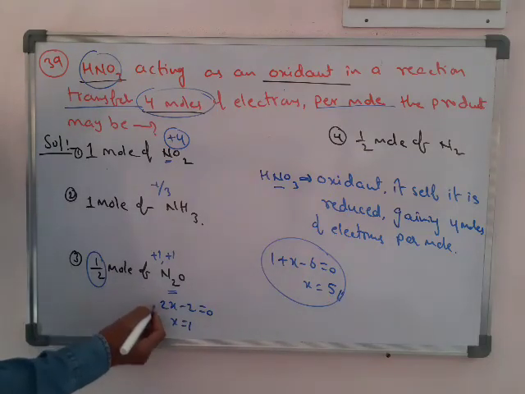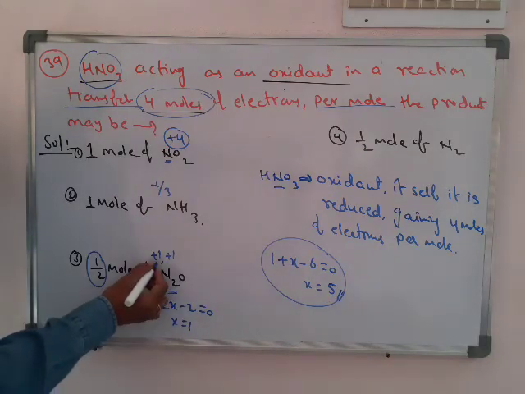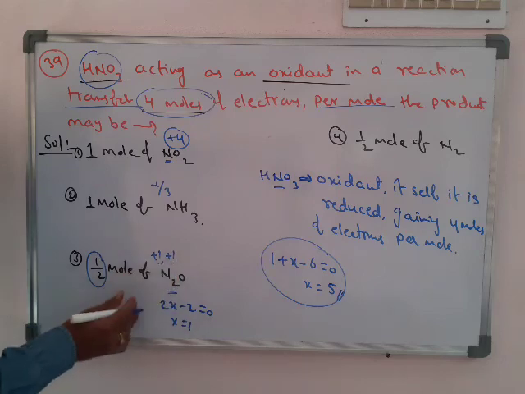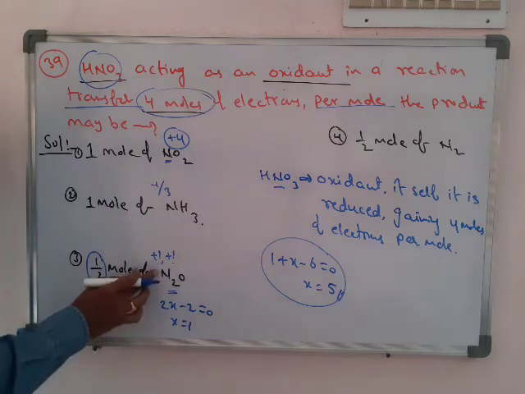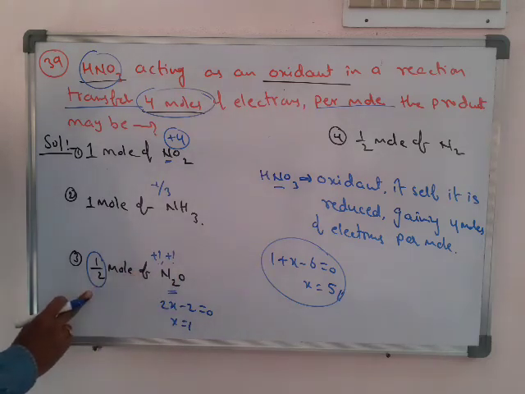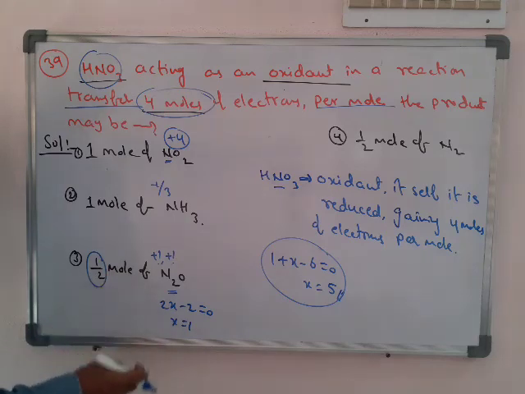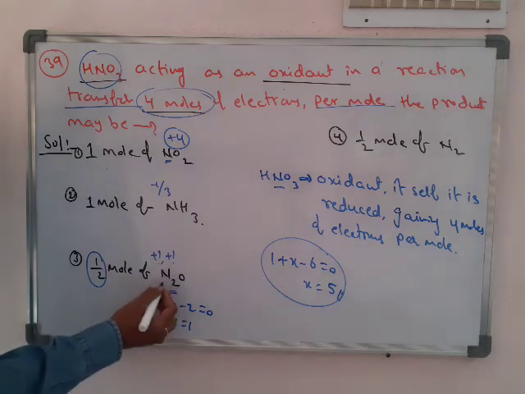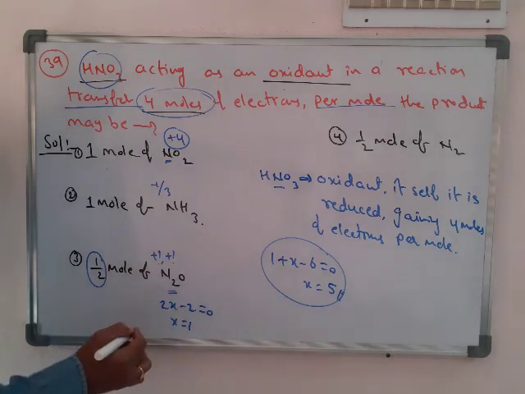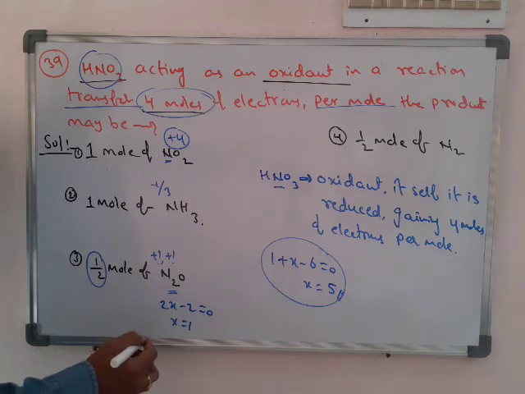Here the oxidation number is plus 1 comma plus 1. But it is for 1 mole. If you take the half mole, so total it becomes 0.5 and 0.5. So here for 2 nitrogens it becomes plus 1 plus 1. I think it will be the option.